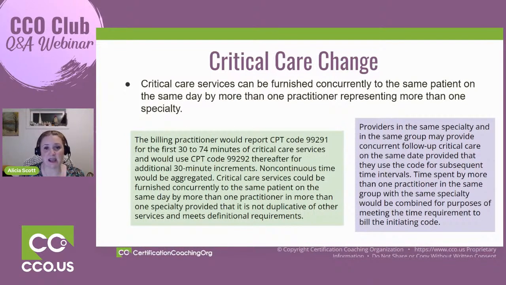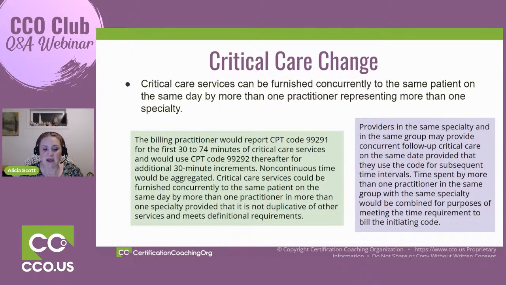Now, when you take out the fancy speech, it is saying that if you have one provider that does the history, the exam, and the medical decision making, you can't have another one that comes in and does those exact same things. That's duplicating the process.